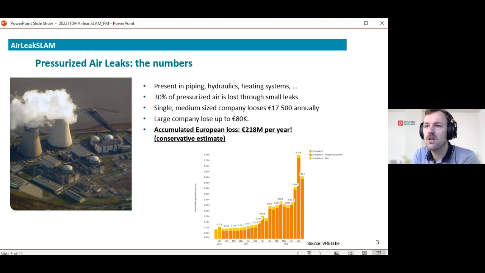A small or medium-sized company can lose up to 17,000 euros annually by these leaks, and a large company may lose up to 80,000 euros. I did a small research before the presentation to make it a bit more tangible: 80,000 euros is quite a lot.